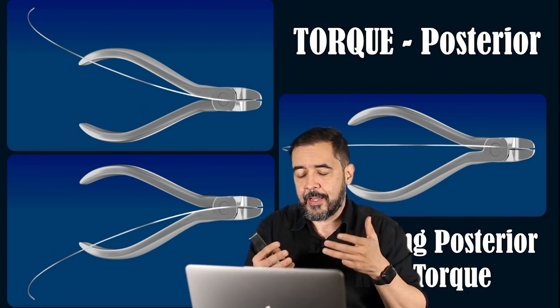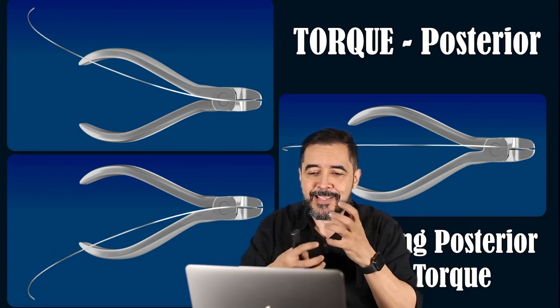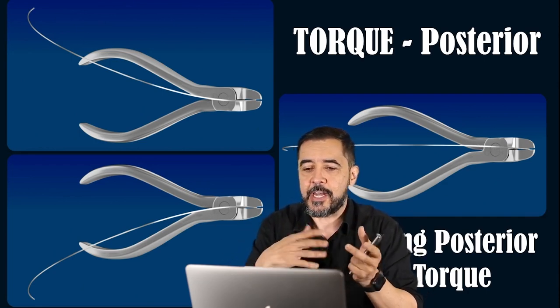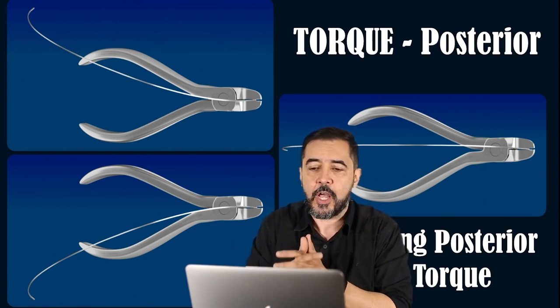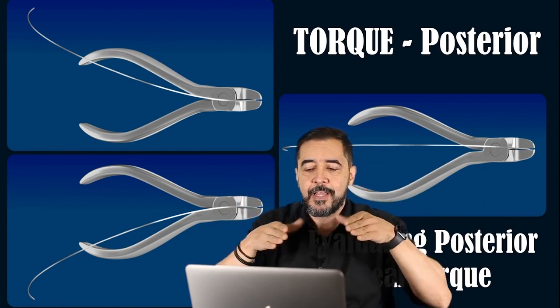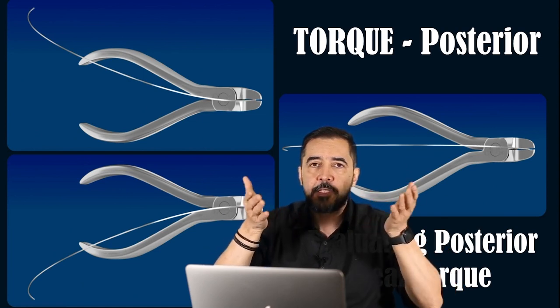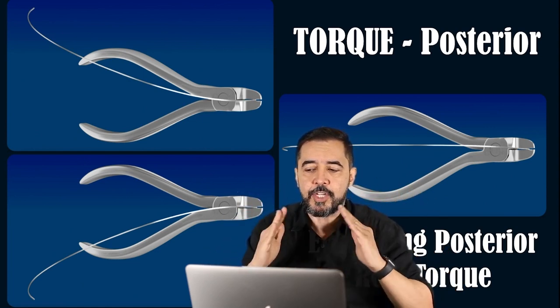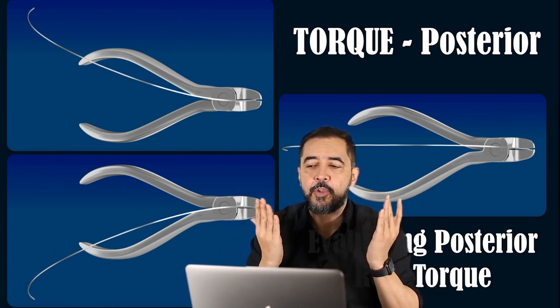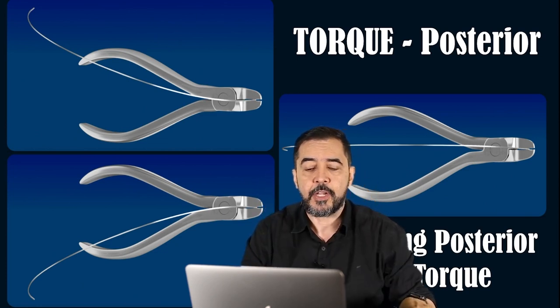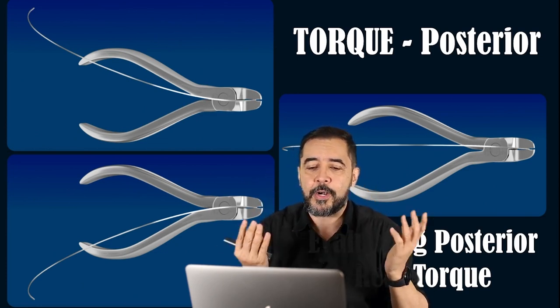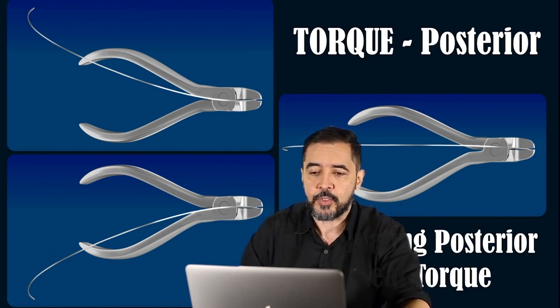I always have this mixing of words, inclination and angulation. It may seem that they are both the same, but they are not. Inclination means the buccal-palatal or buccal-lingual inclination of the teeth, and angulation is the mesial-distal angulation of the teeth, or of a specific tooth.